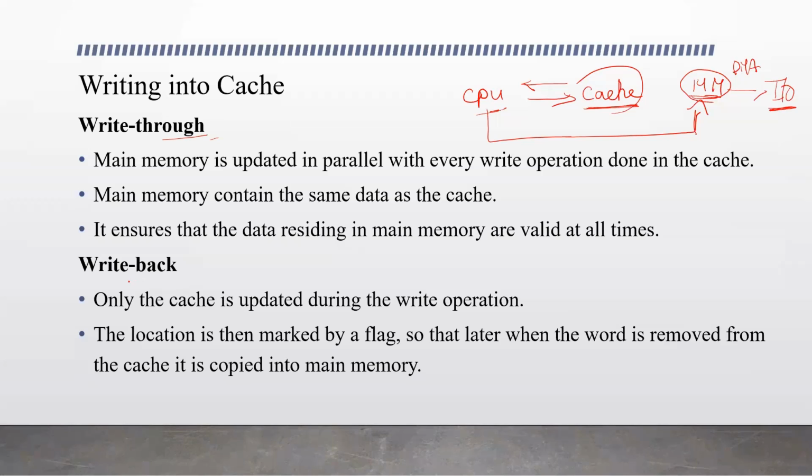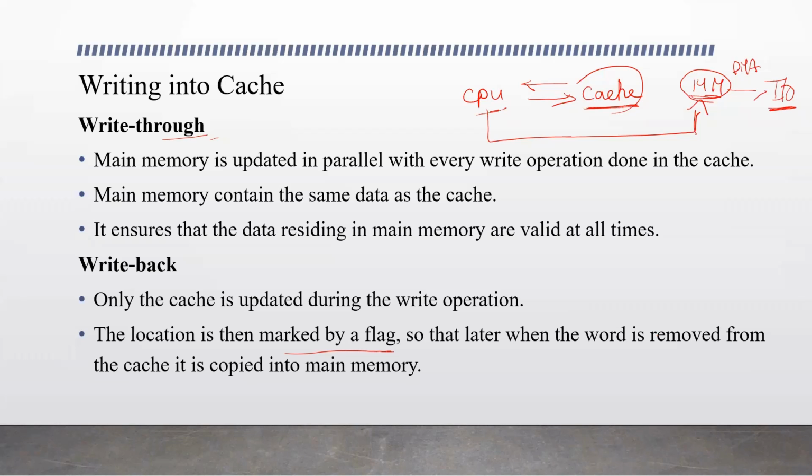And the other method is write back. In write back, only the cache is updated during the write operation. Whenever a write operation is performed, main memory is not immediately updated, but the location in cache where the data is updated is marked by a flag. Later, when the word is removed from the cache, it is copied into main memory.